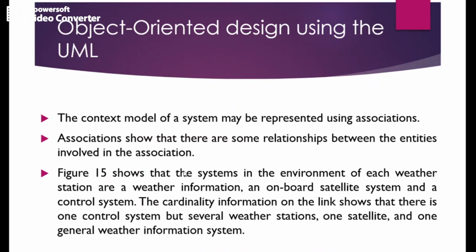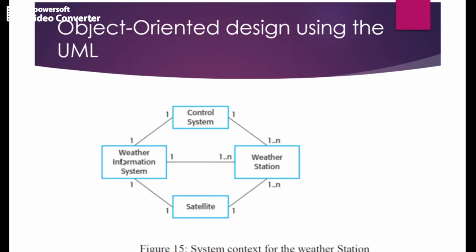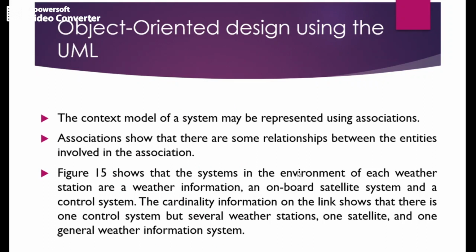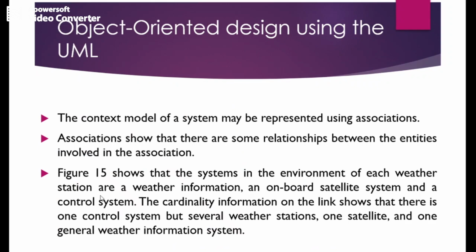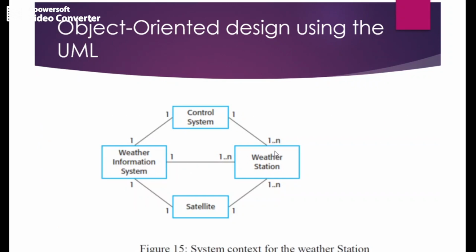One is the weather information system. Next we have an onboard satellite system. You can see here one satellite system we have, and also a control system. So you can see what all systems are there in the environment of this weather station, because we are taking this figure as the system context, the context model for your weather station.